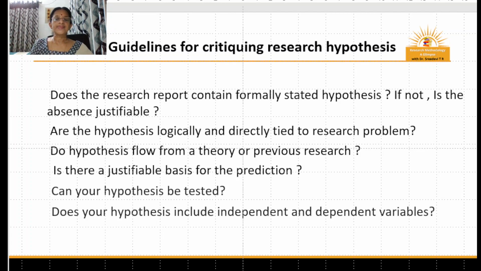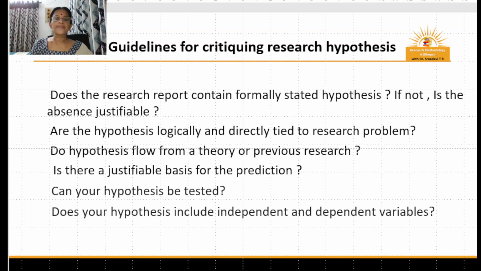Are the hypotheses logically and directly tied to research problem? We have already discussed that research hypothesis is a rewording of the research question. So research question is, in another way, the statement of the research problem in the interrogative form, in a question form.